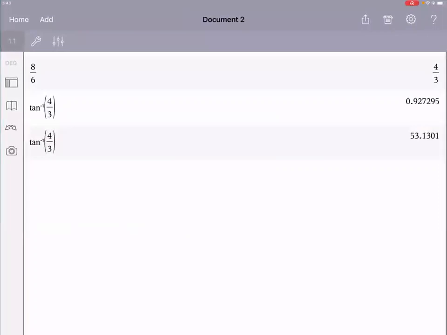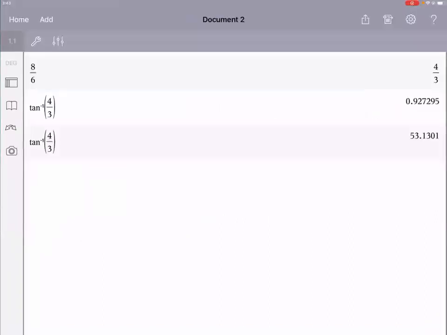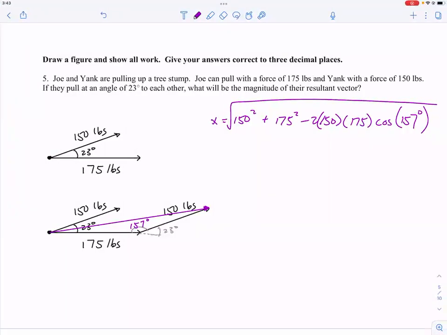Oh, by the way, I forgot to put a square root right here. So the square root of everything here will give you the x value. So we have 150 squared plus 175 squared minus 2 times 150 times 175 times cosine of 157 degrees.